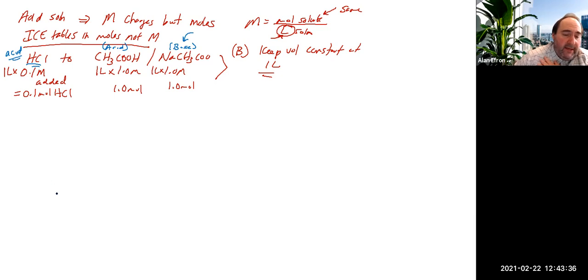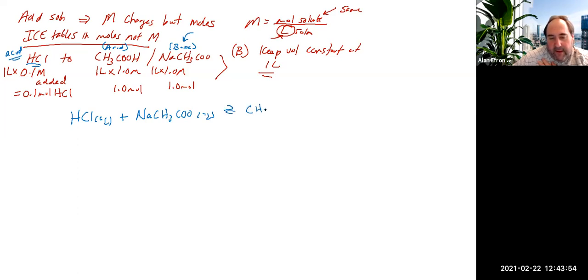So we are going to need a reaction, and that's going to be HCl plus the base part of the buffer, which is our sodium acetate. When that reacts, we will end up with some acetic acid, and we will end up with some sodium chloride.